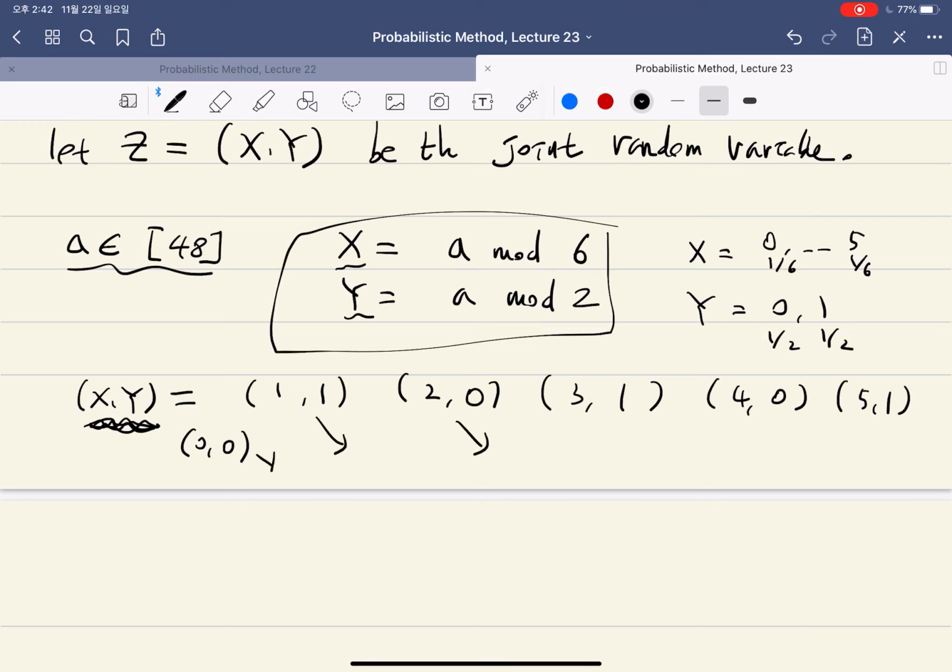Each of these happens with probability 1/6. But the other 6 values like (0,1) or (2,1), (1,0), and so on, those never happen.